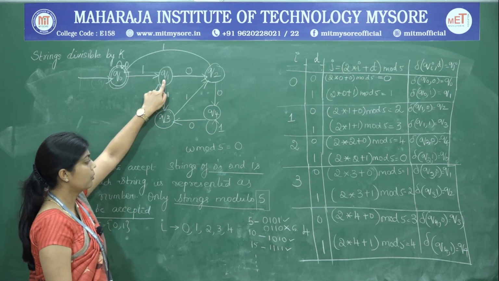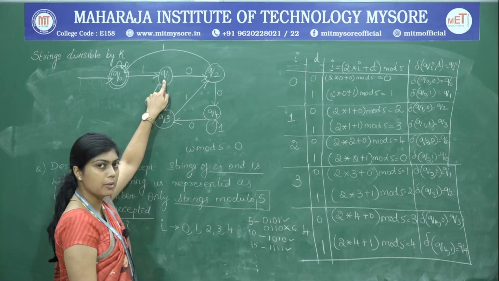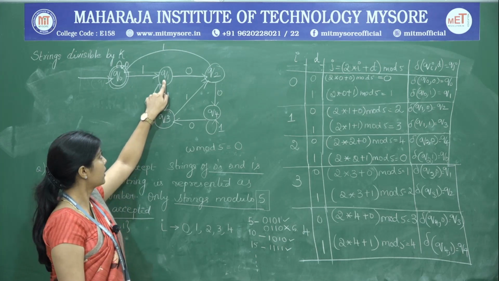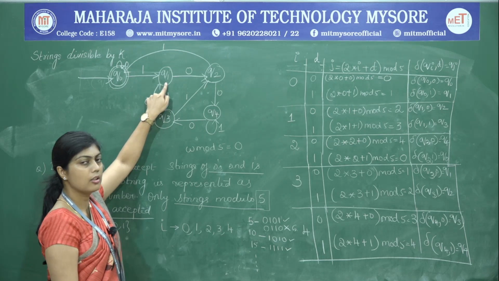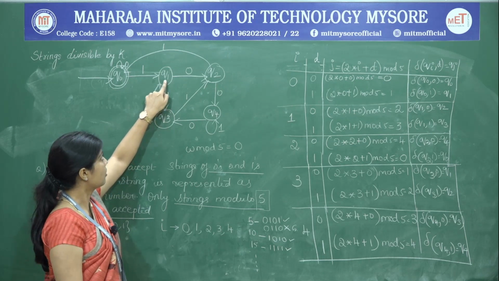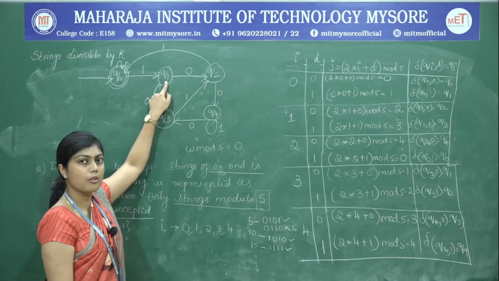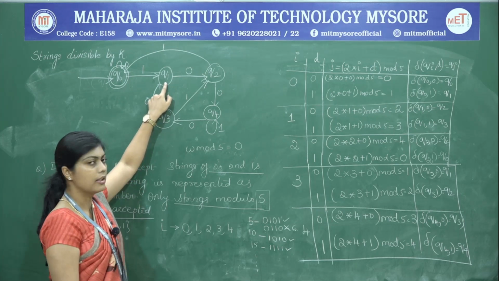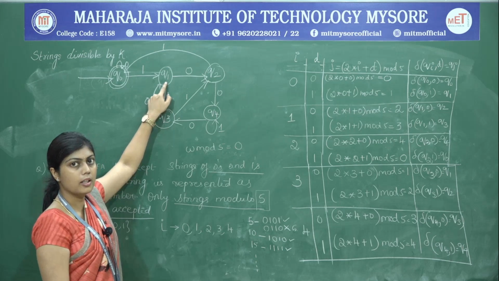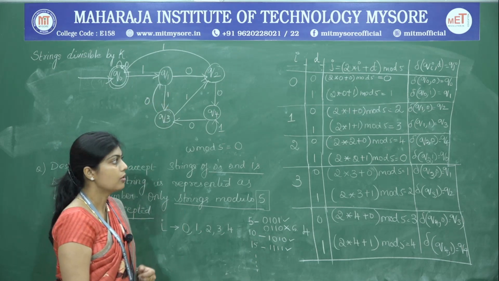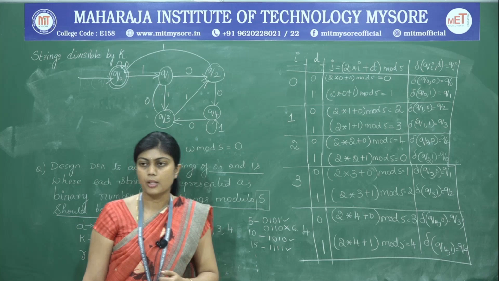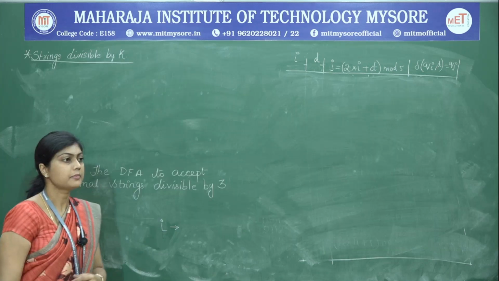Once we are at Q1, we have finished all the input symbols. You see that we have not gone to the final state; we are at Q1 which is a non-final state. Therefore, the DFA is rejecting the invalid string. So this is the end of this problem. We will see the next problem.